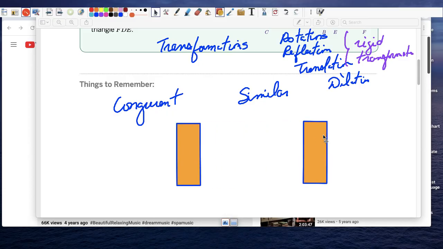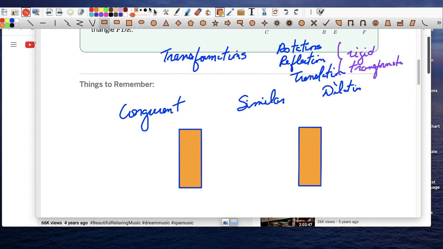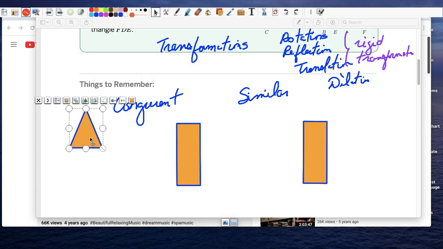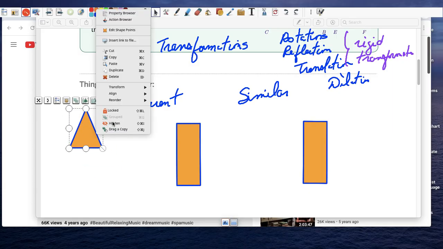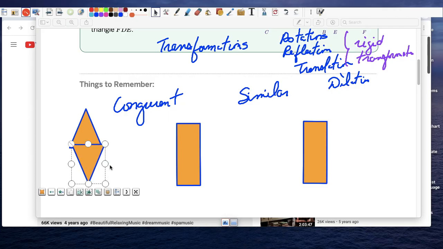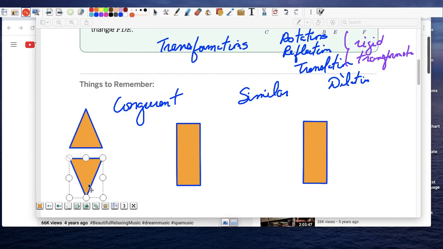Reflection, same thing. Okay. I think reflections is easier if I use a triangle. So here's a triangle. I'm going to duplicate that. And let's say I reflect it off over some horizontal line. And if I did that, let me duplicate this first. Here we go. So if I take that and reflect it, right, over some horizontal line. And then I asked you, hey, are these two triangles congruent?